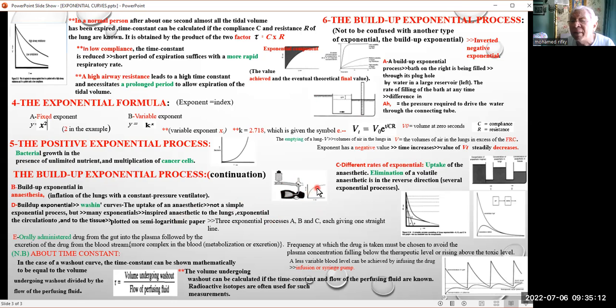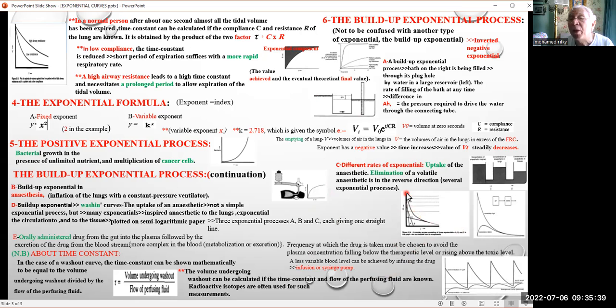But as a matter of fact, there are other things that control this exponential, because whenever we inhale anesthetics, of course, there is a circulation which takes some of the anesthetic, so it will affect the final exponential. In other words, there are several exponential processes during the uptake of the anesthetics, and it can be represented by this curve.